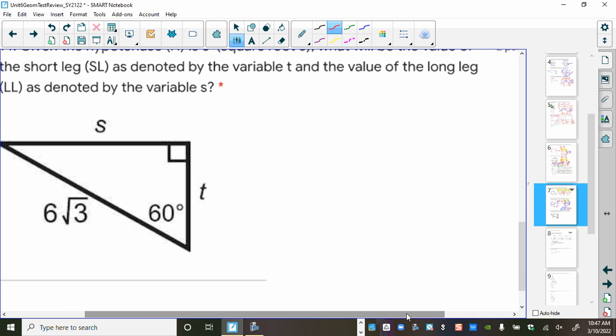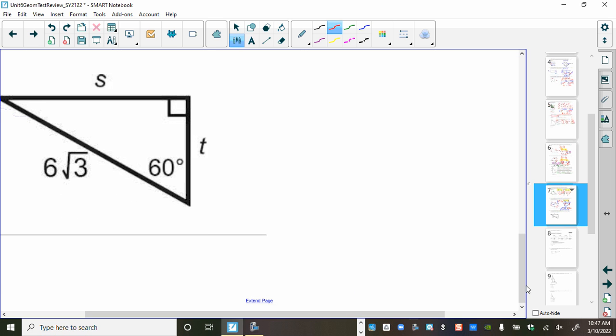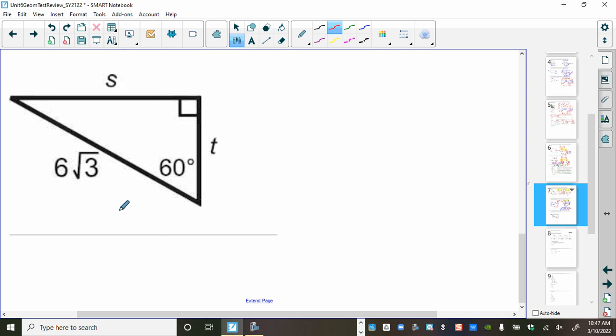For this triangle, what is what? It's your hypotenuse. And then is S the short or the long leg? Long leg. And what's the short leg?